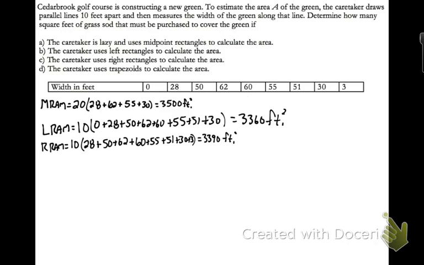And finally, we need to use trapezoids. So we really need to pay attention to what's happening with the trapezoid method. But again, all of our trapezoids will have a width of 10.